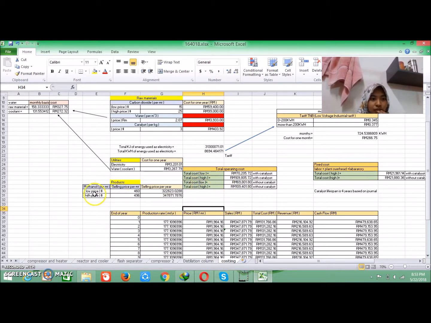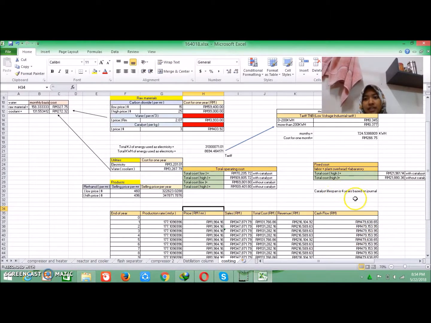So for our product, methanol per million ton, for low price the selling price is $460, and for high price is $496. So the selling price per year we get $322,623, and for high price we get $347,871.